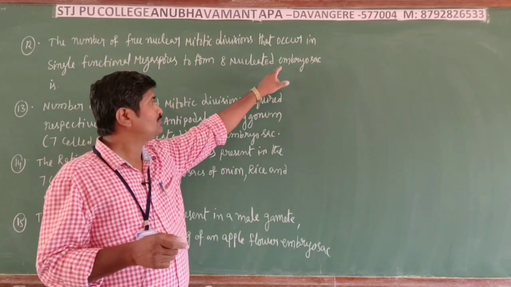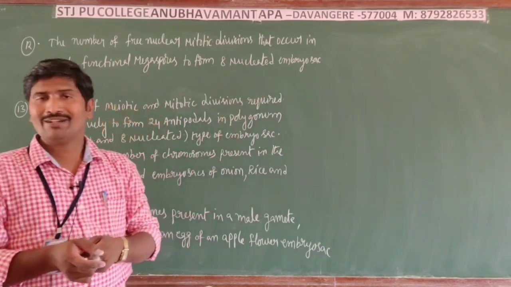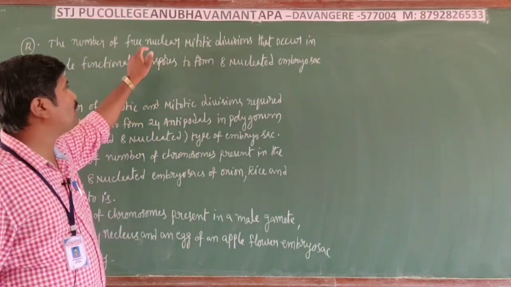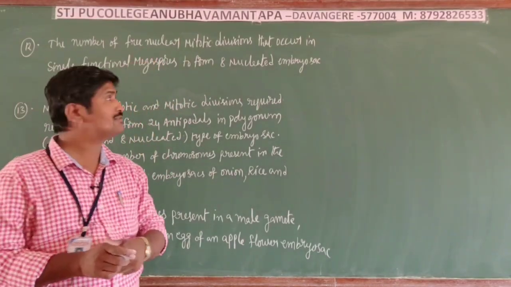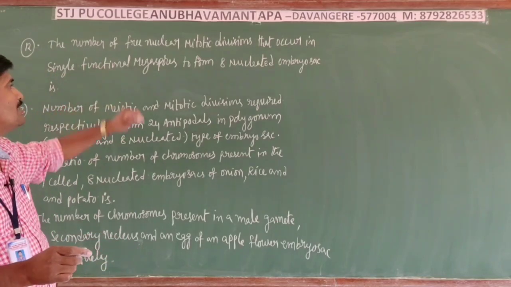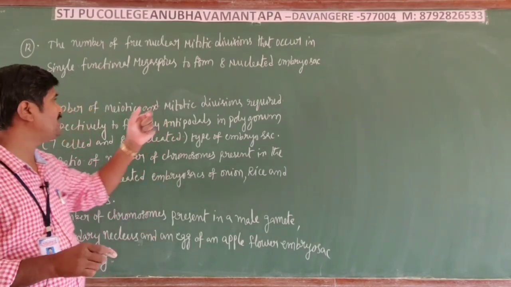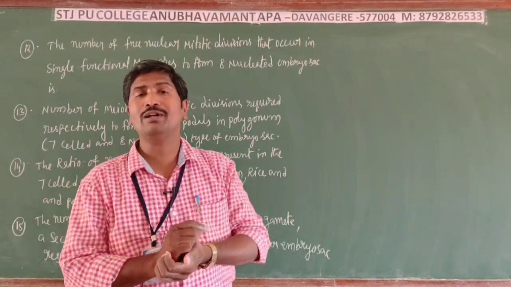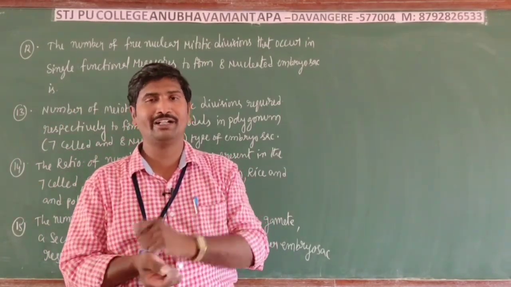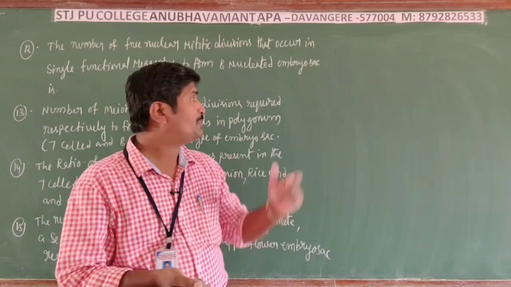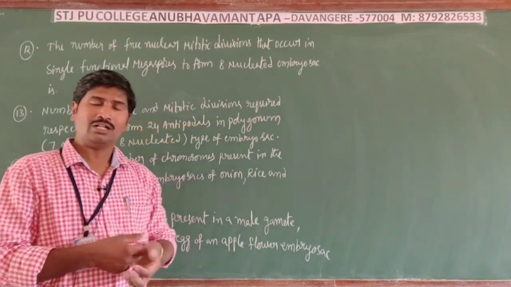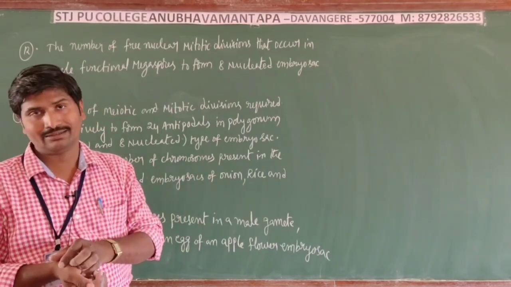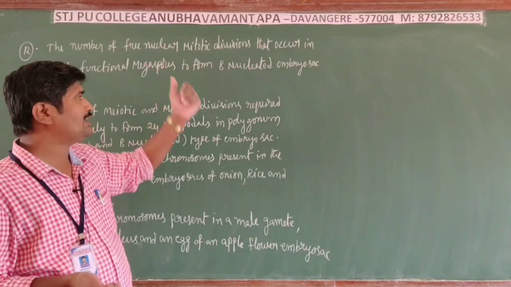In angiosperms, the embryo sac is a 7 celled and 8 nucleated structure. Here is one simple formula to calculate the number of mitotic divisions, not only in plant cells, in any cell.